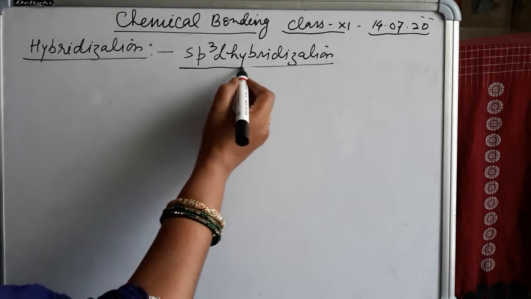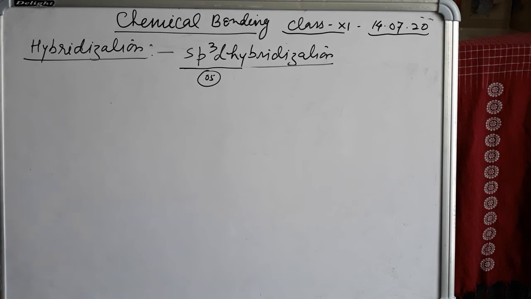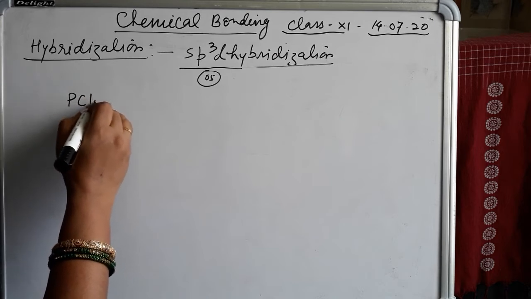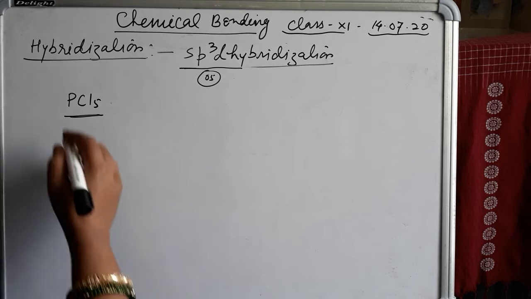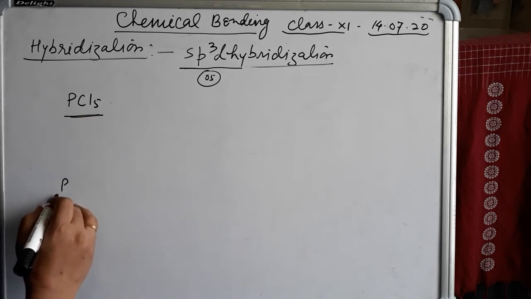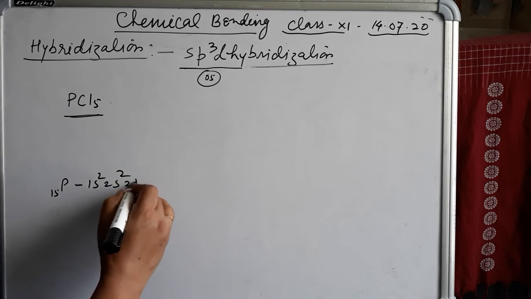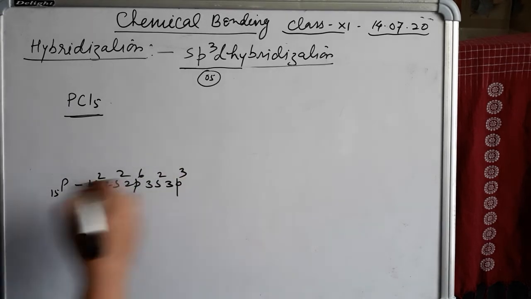So the total number of hybrid orbitals is 5, and the hybridization becomes sp3d. Take PCl5. See the structure of phosphorus and write down the electronic configuration of phosphorus. Phosphorus is 15: 1s2, 2s2, 2p6, 3s2 and 3p3.